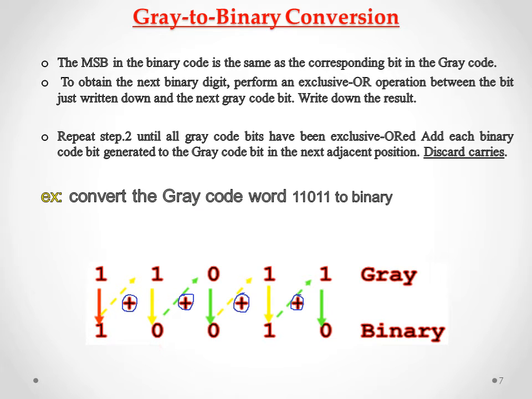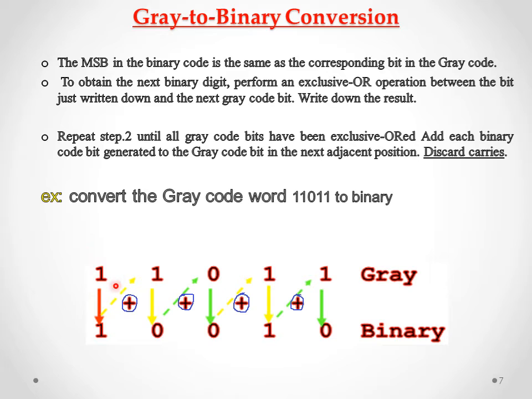Repeat this step until all gray code bits have been exclusively ORed. Then discard any carries. So we are going to convert our gray code word 11011 to its equivalent binary.